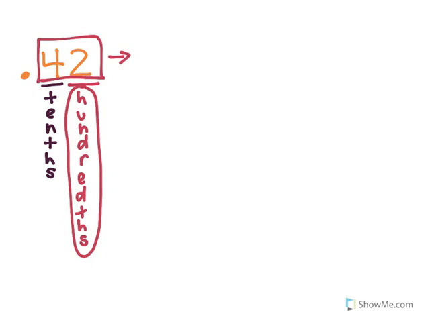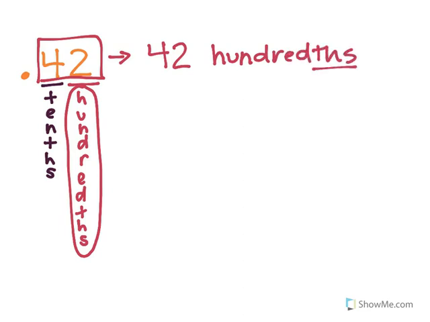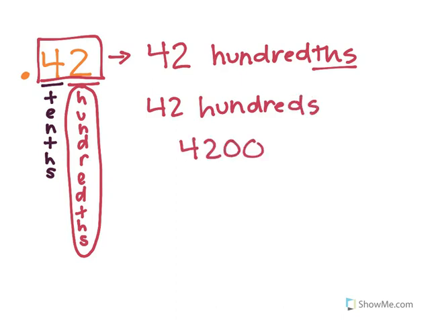So I take what's here and I write it, and then I write the place that it got to, 42 hundredths. Always remembering that THS, because if I would say 42 hundredths, people would imagine this number instead of this decimal, and we don't want that. Okay?